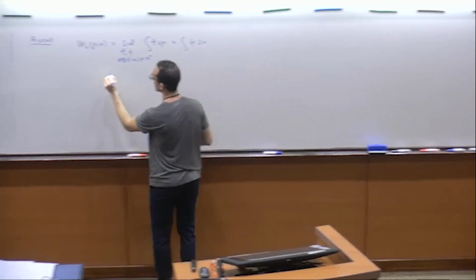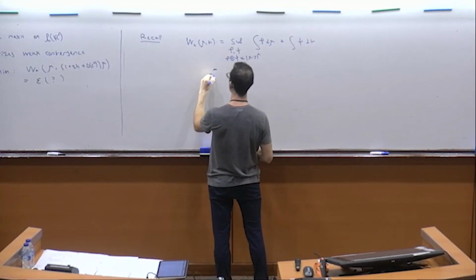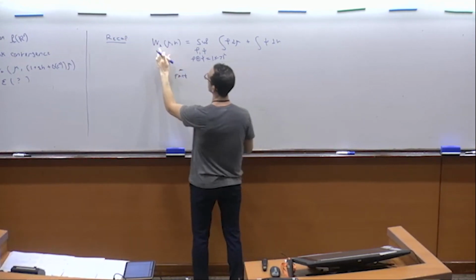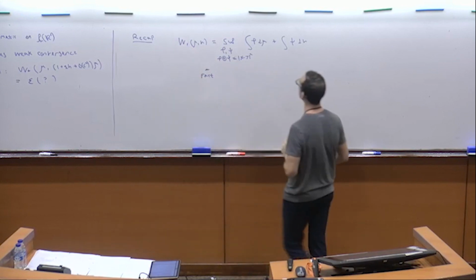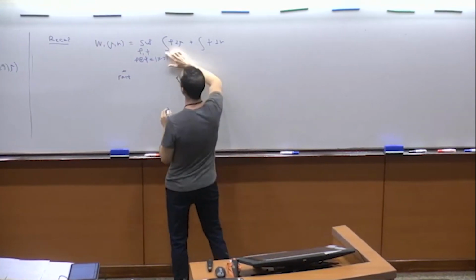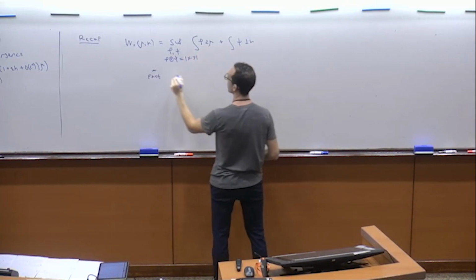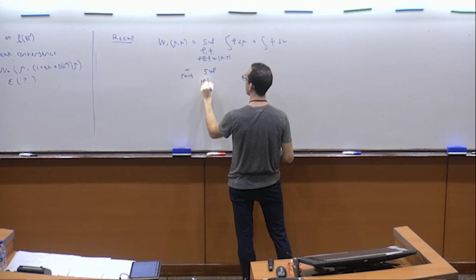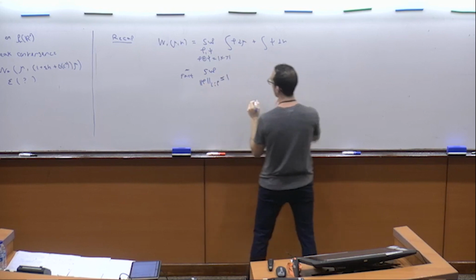So now I will just write a fact. It's not too hard to prove, but it's a fact that will be important for us. This was for general, so I will do it now for W1. It turned out that you can write this as a supremum over all functions phi which are 1 Lipschitz.